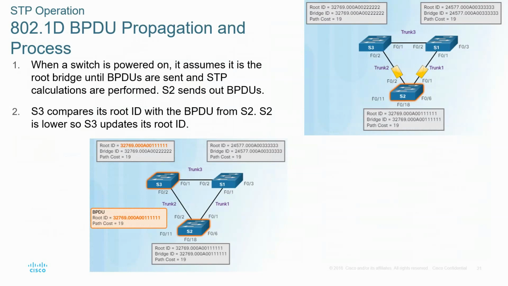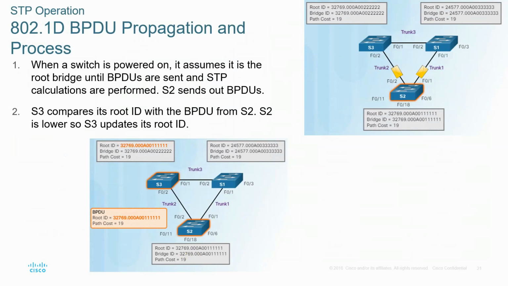Now, S3 also will do the same. It has received this BPDU from S2. S3 previously would assume that it is also the root bridge. Now, when S3 receives the BPDU from S2, it will compare the bridge ID with its own bridge ID. The bridge ID of S2 is 32769, and the MAC ends with ones.